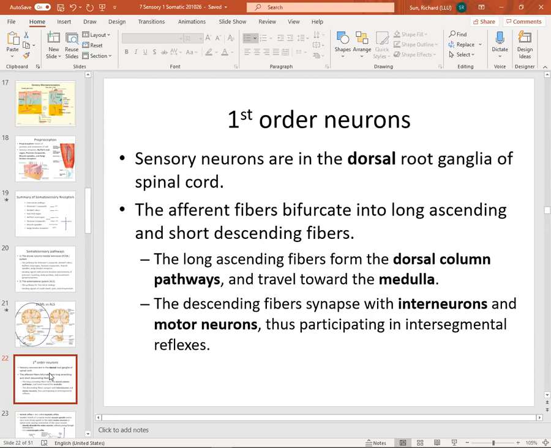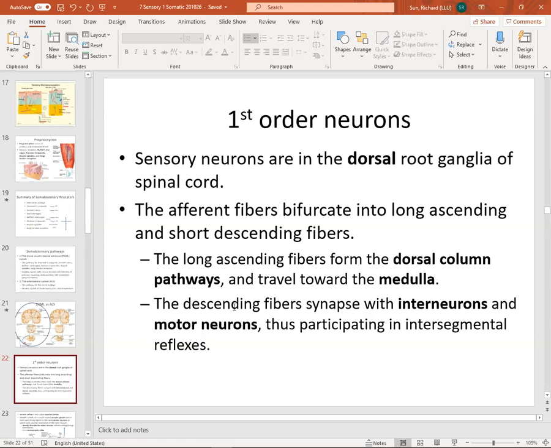This includes the interneurons and the motor neurons. So this indicates that this receptor can trigger a motion, because once you stimulate it, it will immediately trigger a motor neuron, called the alpha motor neuron, in the spinal cord to cause muscle contraction.